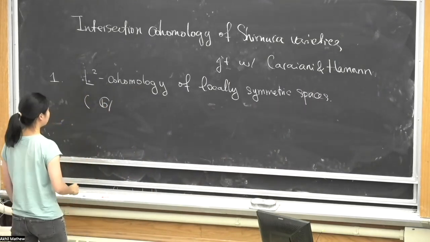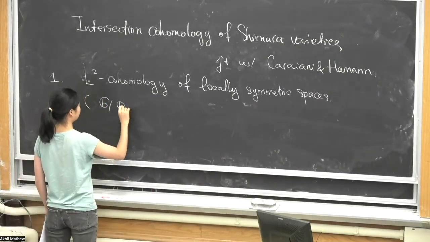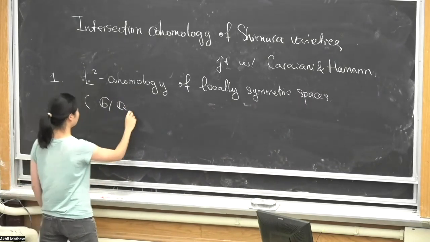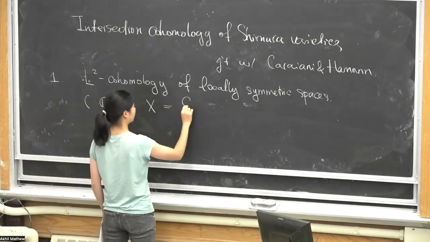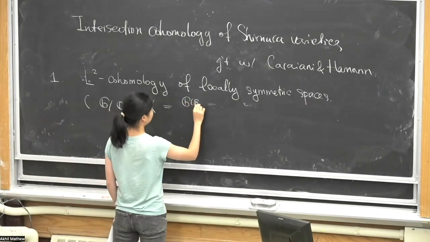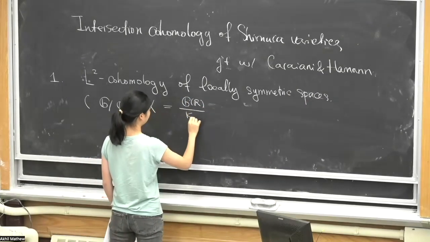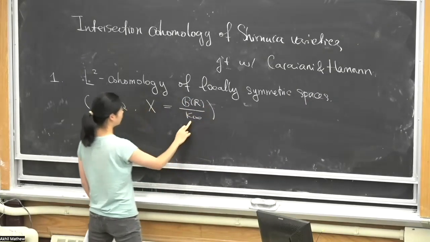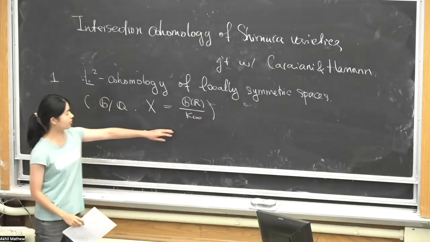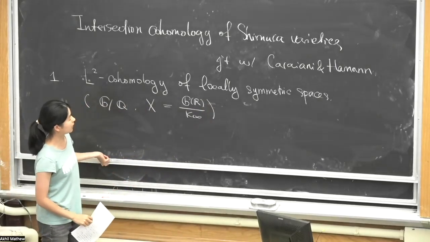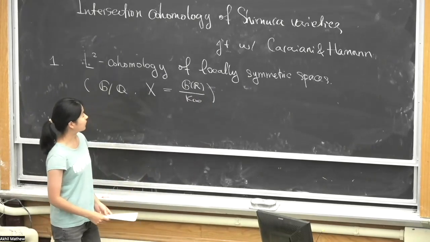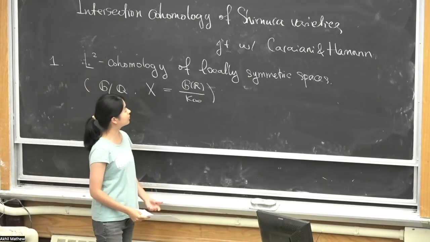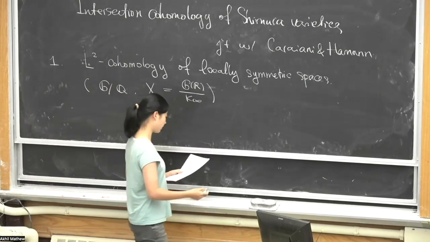So let's fix a Shimura datum consisting of a reductive group G over Q and the symmetric space for its real points. So it can be written as the real points of the group modulo the stabilizer at a point. This is a confusing notation, but the issue is only after the connected component of the maximal R-split torus in the center.